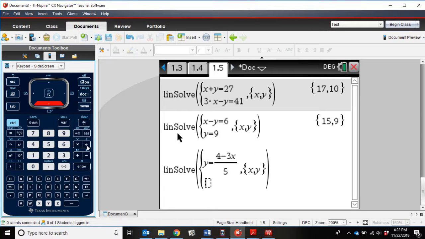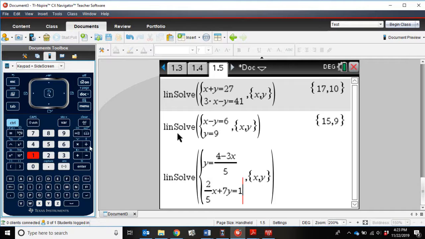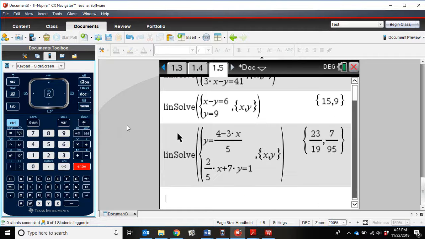And then I can go to the bottom box, and I start this time with a fraction, 2/5 x plus 7y equals 1. And so that's a lot of typing, but press enter and it tells you your answer. And it doesn't matter that it's 2 fractions, 23 over 19, 7 over 95. That's your answer. So I purposely put one on here that you needed to use this for.